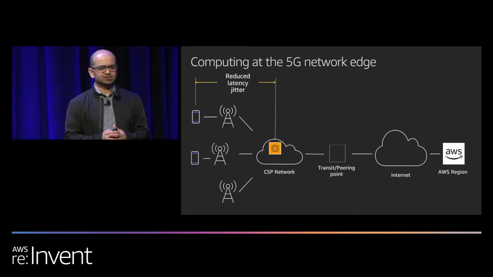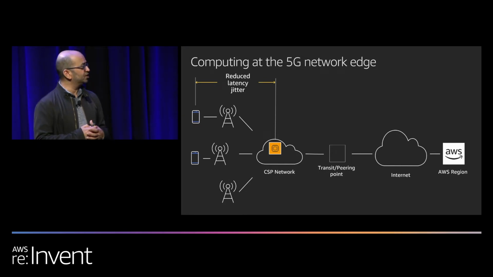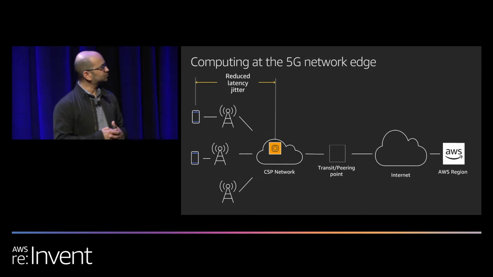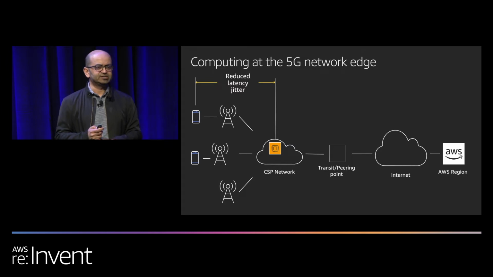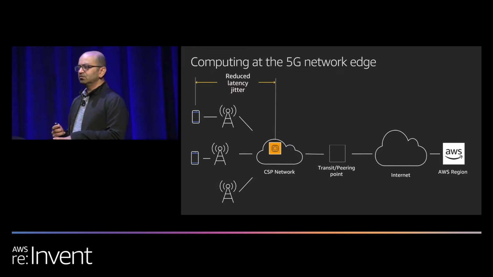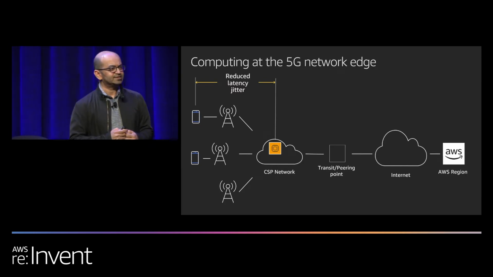And for the same reasons, the tightly controlled QoS and routing, the latency jitter is also reduced between different mobile devices across different access points. So it's predictable latency and reduced latency jitter, which is very critical in applications that require synchronization between the end devices.